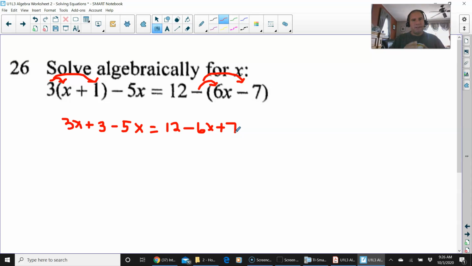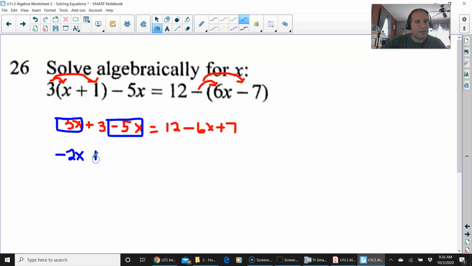So we have 3 terms on each side. So before moving things across and getting crazy, we have to combine the like terms. So we have 3x over here, and we have negative 5x over here. And I'm boxing them out, and I am going to combine them for negative 2x.